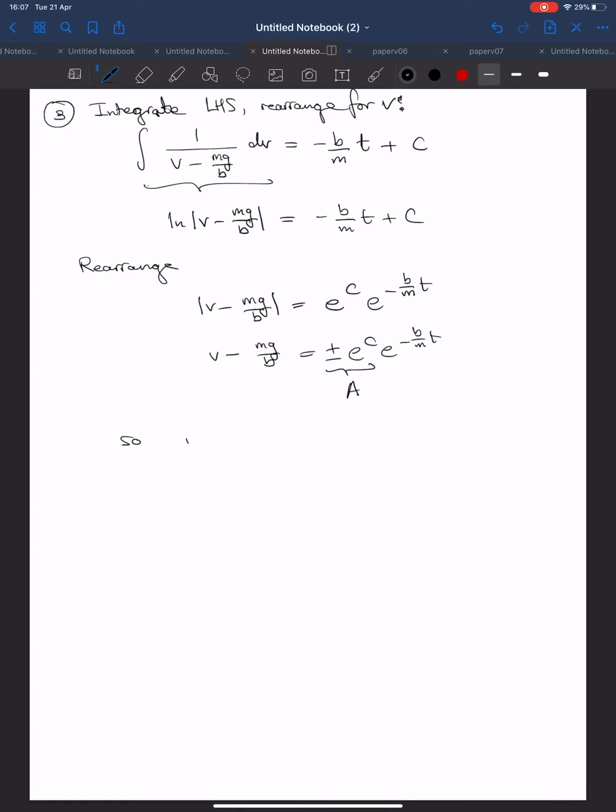So v equals A e to the minus b over m times t, plus mg over b. Now, find A using initial conditions.